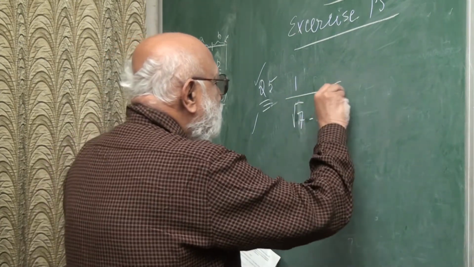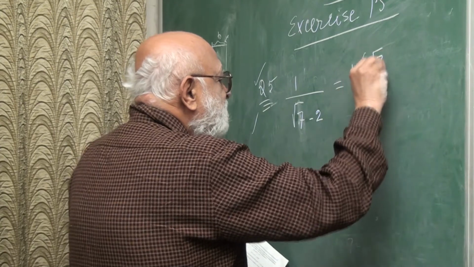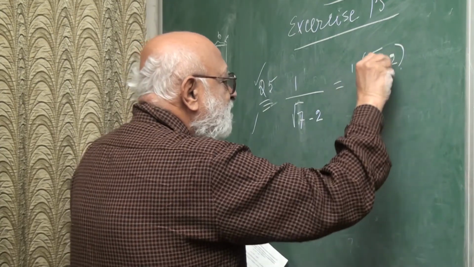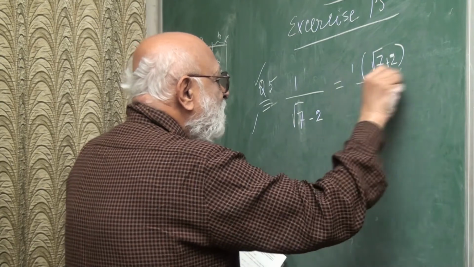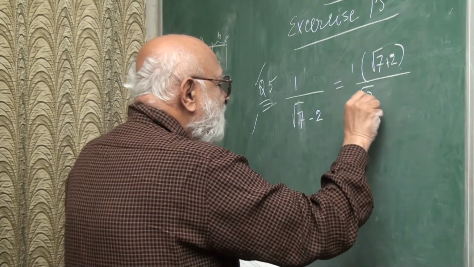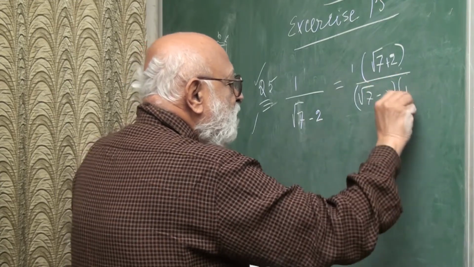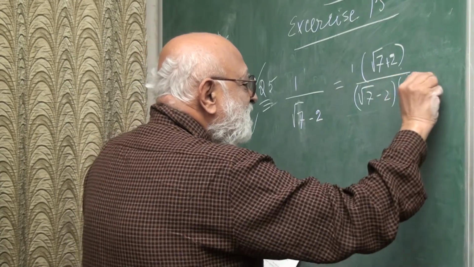So again we go through this: 1 into root 7 minus 2, we multiply by root 7 plus 2, and below it will be root 7 minus 2 into root 7 plus 2.